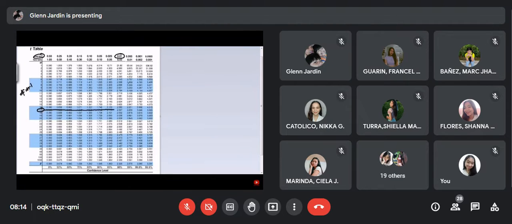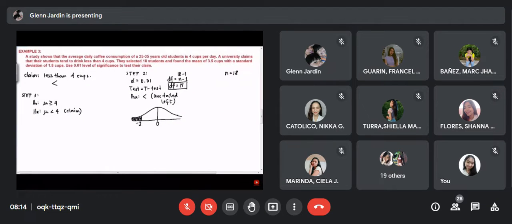Okay? So, ito yun, 17. Tapos, yung intersection nila, so, ito siya, 0.01. So, dito kayo sa df na 17. So, ang sagot ay 2.567. Negative dahil nasa kaliwa. So, ang ating critical value dito is negative 2.567.